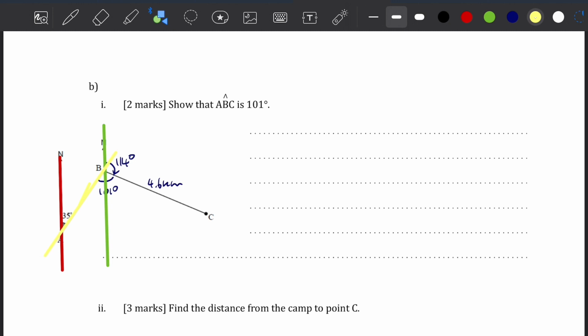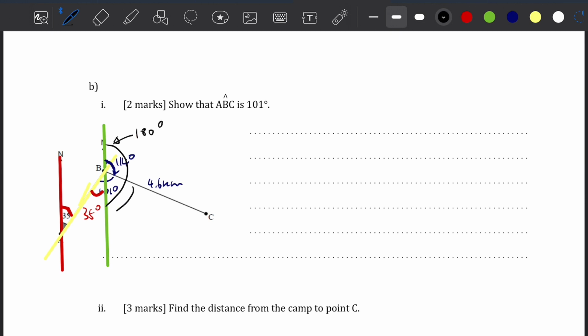That means when the angle here is 35 degrees, your angle here is also 35 degrees. And since you know that the angle here is 114 degrees, and we actually have a parallel line, or the straight line here in this case, then the angle on a straight line is 180 degrees.